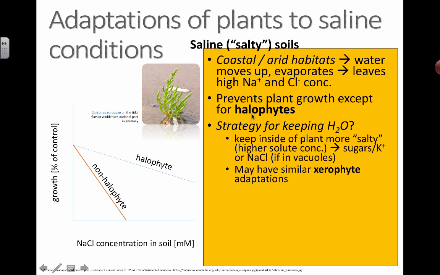Now, these halophytes have an issue. You've learned before that water moves into plants by following high concentrations of salt. As a plant actively transports and pumps ions into its roots, the water will follow by osmosis. This is a problem for plants in salty conditions because the osmosis gradient is in the wrong direction.